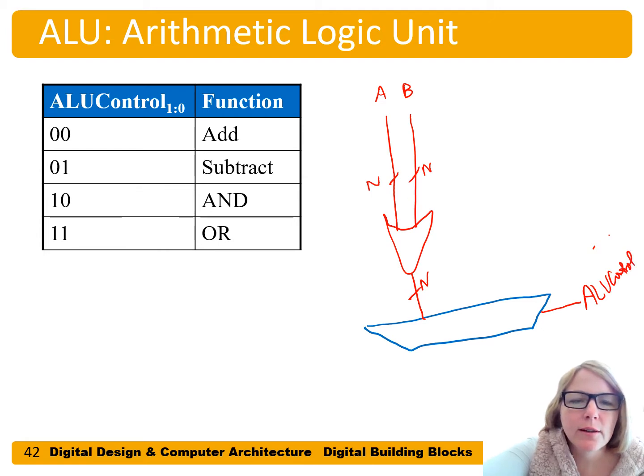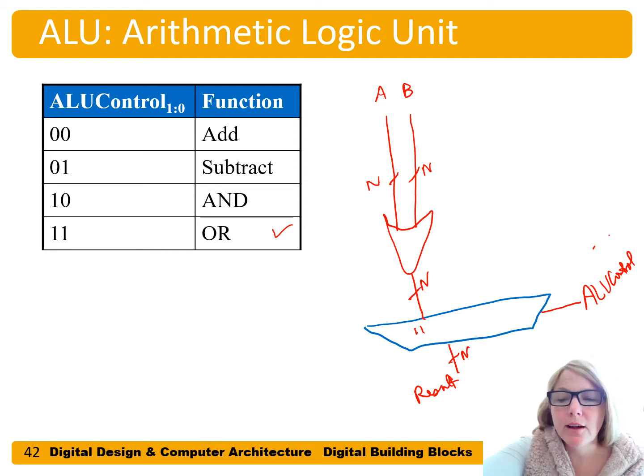For the OR operation, we want that to be 1, 1. So if the ALU control is 1, 1, then we get out the OR operation of A or B.